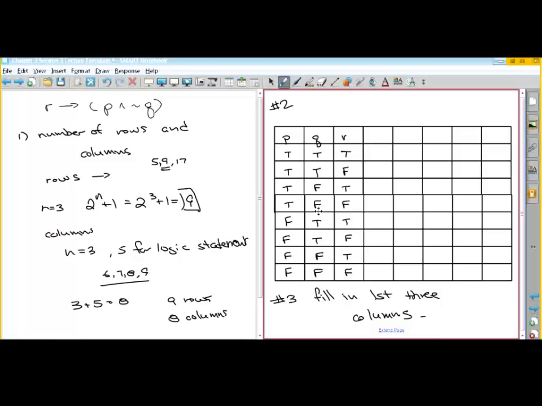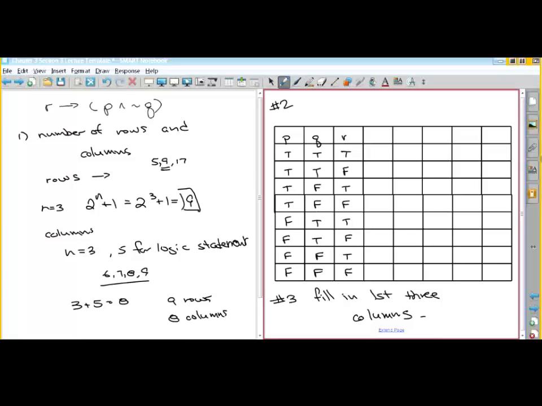It's like taking 3 different people and putting them up against a wall. How many different ways can you arrange those people? If you're doing a lineup, how many different ways could I take 3 people and line them up against the wall? It turns out there's 8 different ways you can do that.